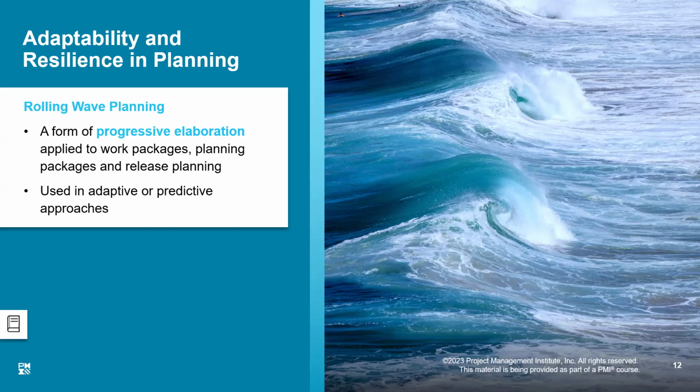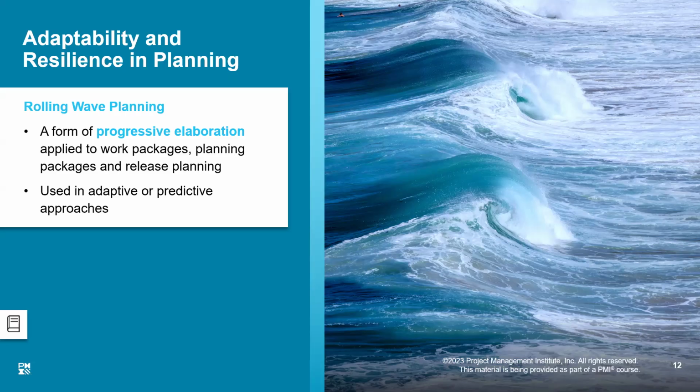So I would say this is my planning package, and when it comes out, we have to plan it. We go in a rolling wave fashion. We roll out this plan when required. So rolling wave planning is exactly the same concept, but at our lowest level, the tactical level, whereas progressive elaboration is a strategic level concept.